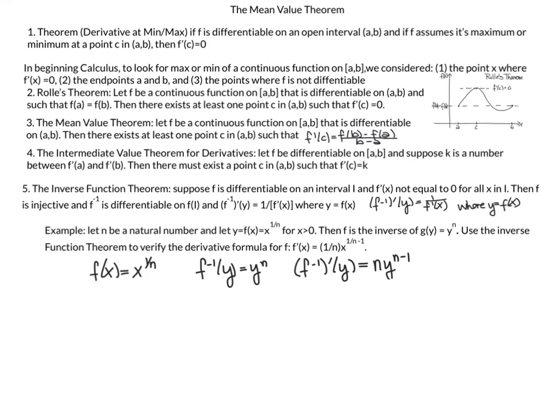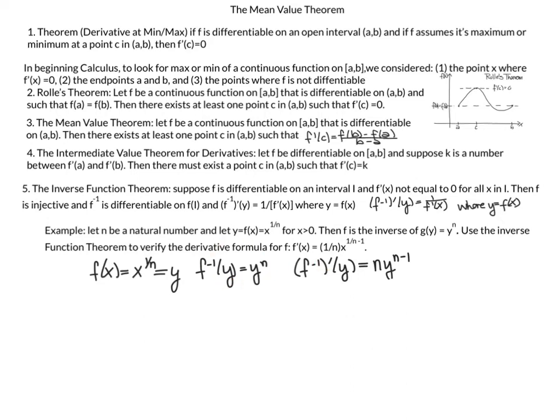I started by writing my function, so f of x is equal to x to the 1 over n, and that maps to some value y. And then my inverse function can take my value of y and map that to y to the n, and that will be what gives it the inverse. I also take my inverse function and I take the derivative of it.